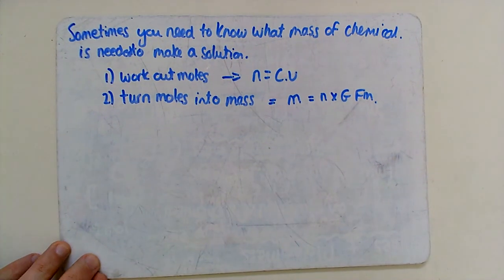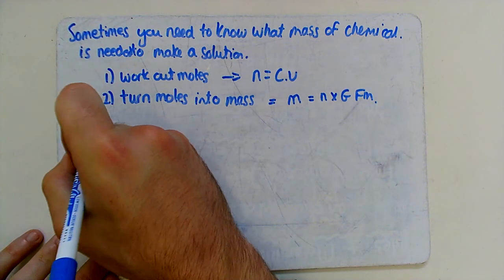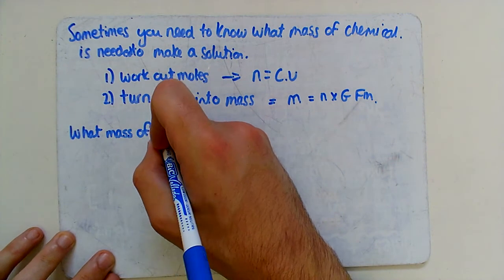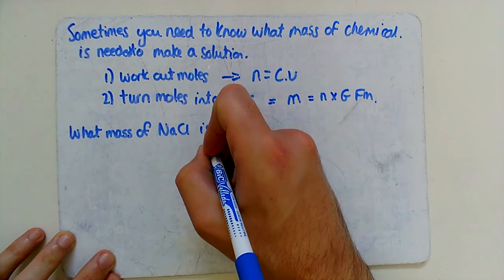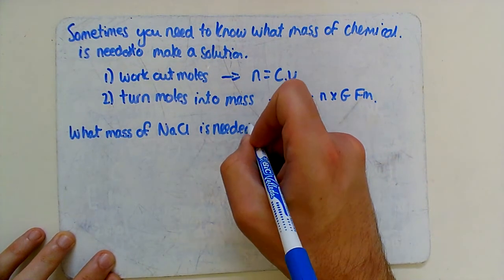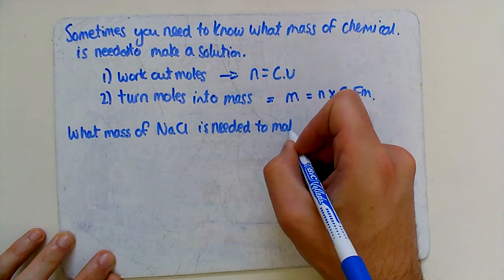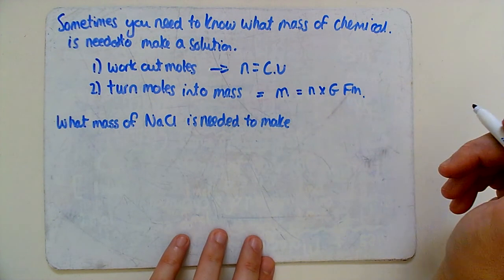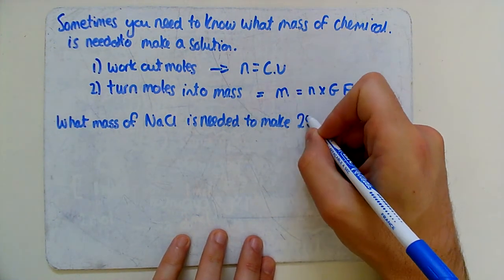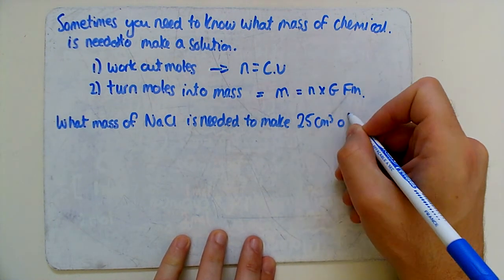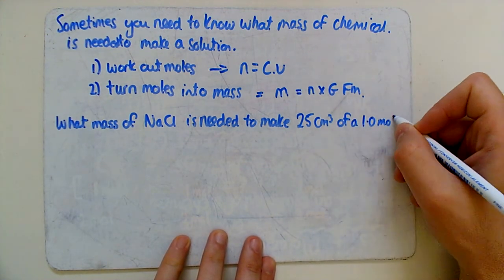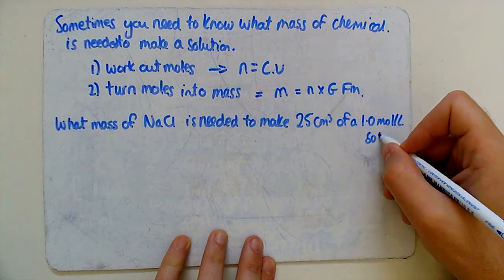So, we've got a question. What mass of sodium chloride is needed to make 25 centimeters cubed of 1.0 mole per liter solution?